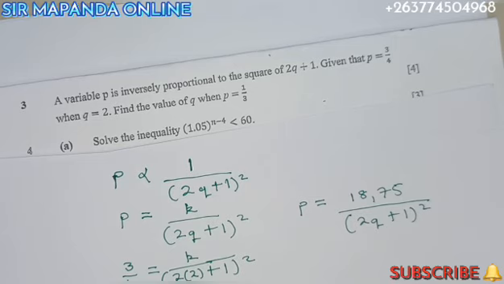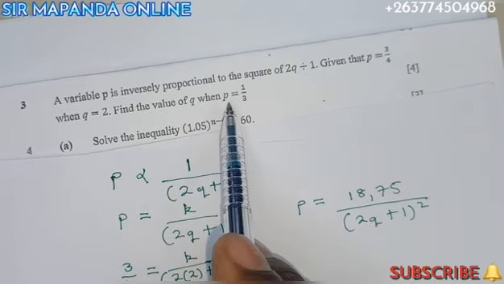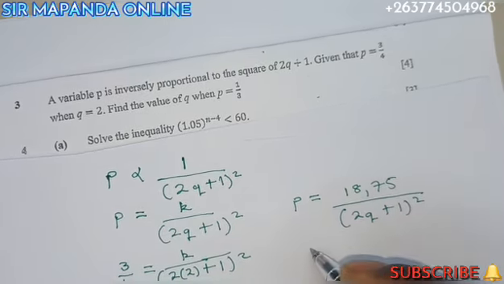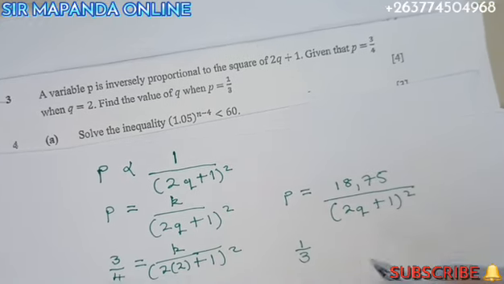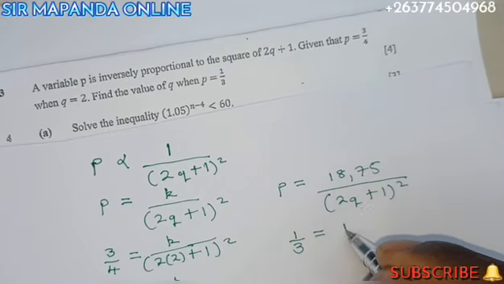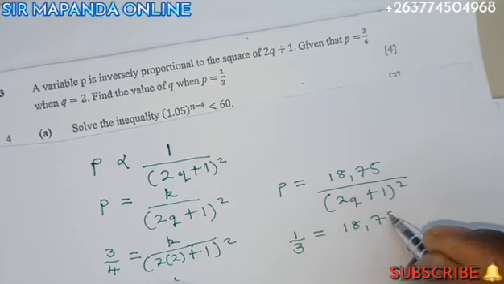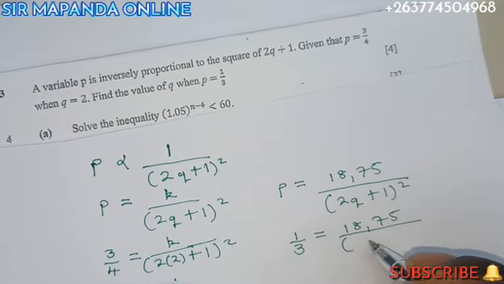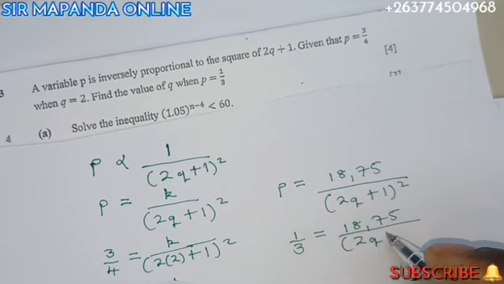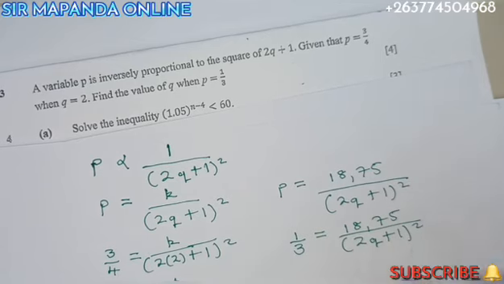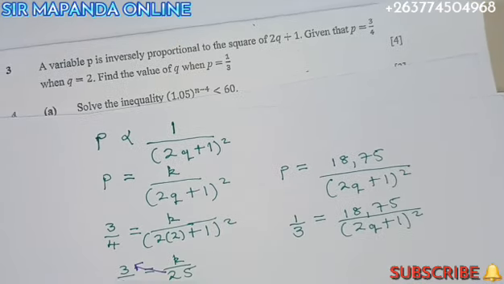So this is now a complete law or a complete relationship between P and Q, which enables you to then attack the required question. They want you to find the value of Q when P is 1/3. So you put 1/3 on P, say 1/3 is equal to 18,75 all over 2Q plus 1 squared. Then you cross multiply.